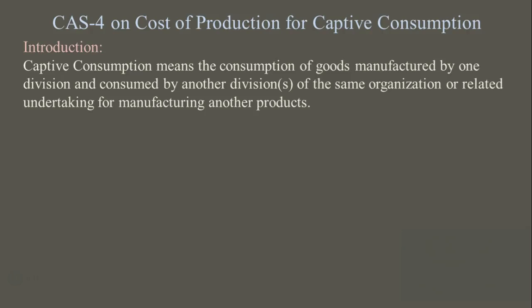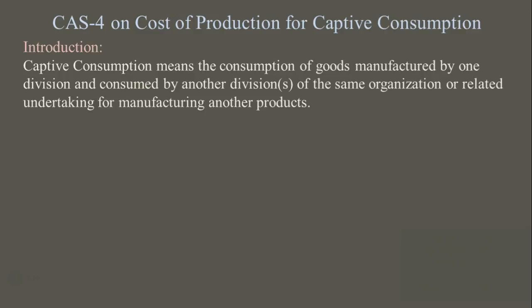Cost accounting standard 4 on cost of production for captive consumption. So what are the goods which we are going to consume captively? We had seen this in the previous sessions also. What is captive consumption? When the goods are produced by one division of the company and used by another division of the same company, then that is known as captive consumption.